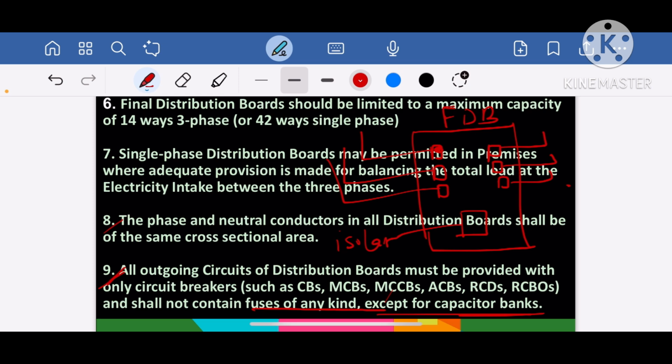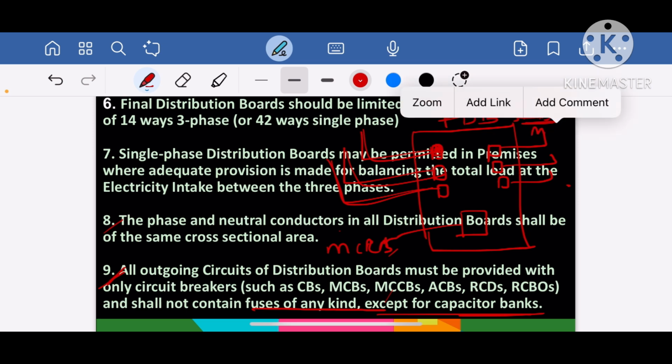But suppose in this case it is not FDB, it is SMDB. Then as I told you, irrespective of the panel type, the outgoing load will be through the breaker. But as it is an MDB, then this time the incomer won't be an isolator. This time the incomer will be MCCB. And it is valid for the main distribution board also.